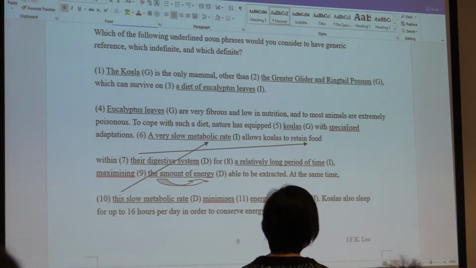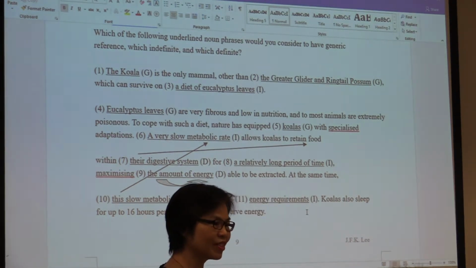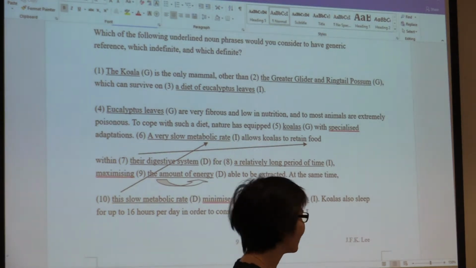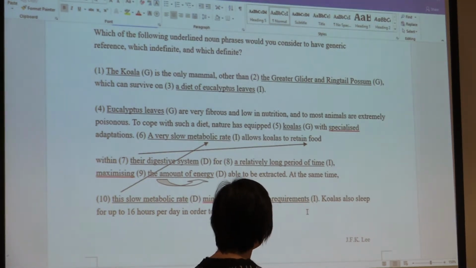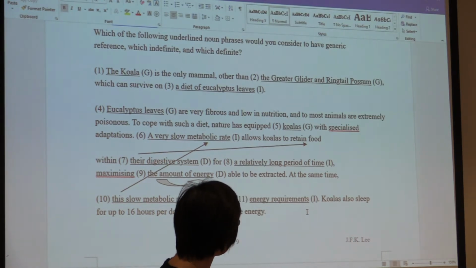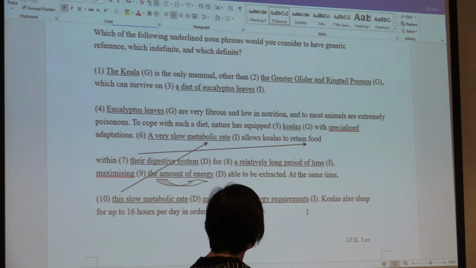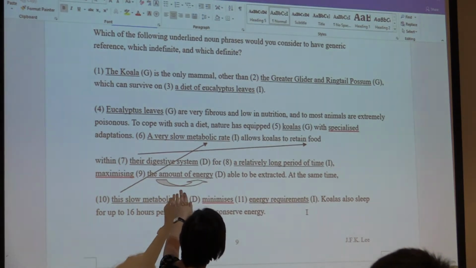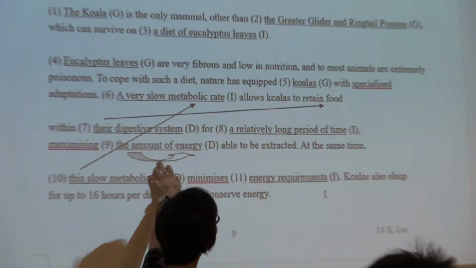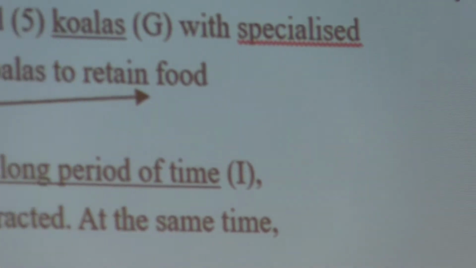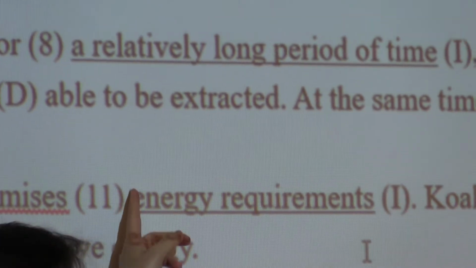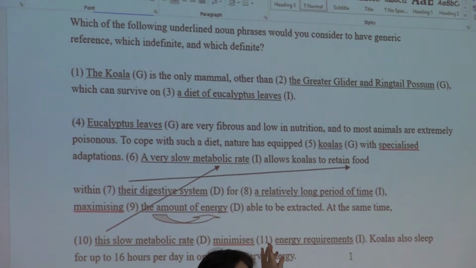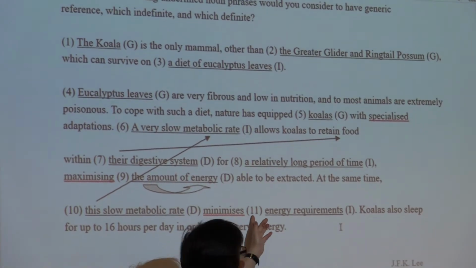And number 11, what's your question? Gina. Why is it indefinite? Because energy has been mentioned and it is mentioned again. Well, it is a different meaning here. Energy requirements refers to something else. Now here you can't see any definite article before that, so it can't have the definite reference.